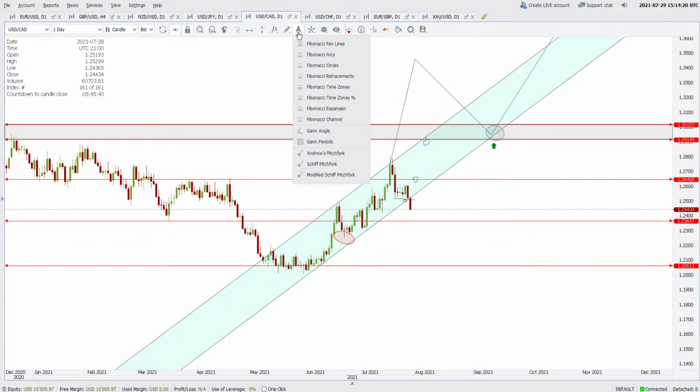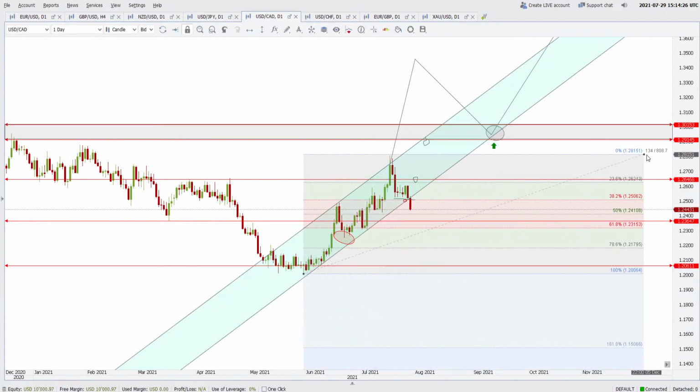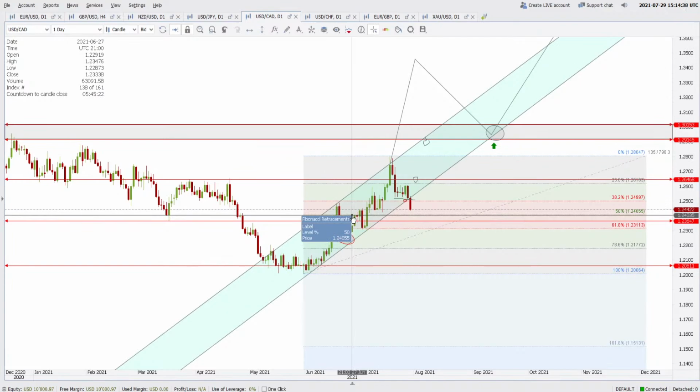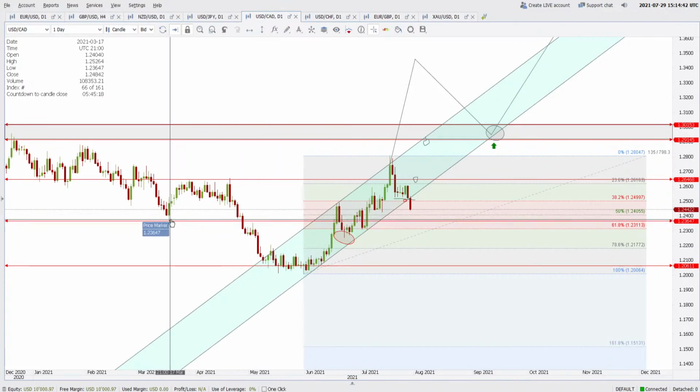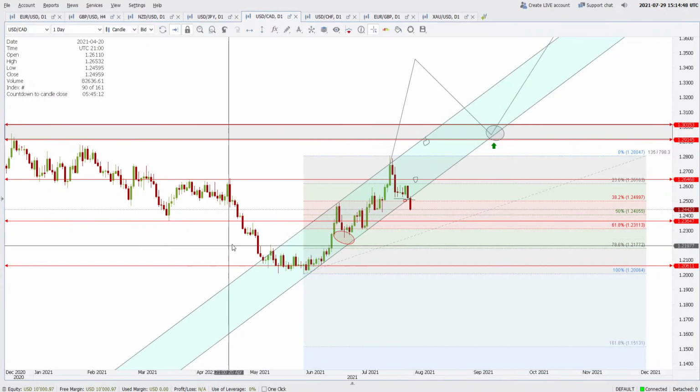Maybe I will push Fibonacci retracements here, and then we will be able to make out where there is a possibility. The 50% is sitting at around 1.2405. You see in the past this level was a good resistance, so it is lining up with the resistances in the past, but 61.8% is lining up very well.